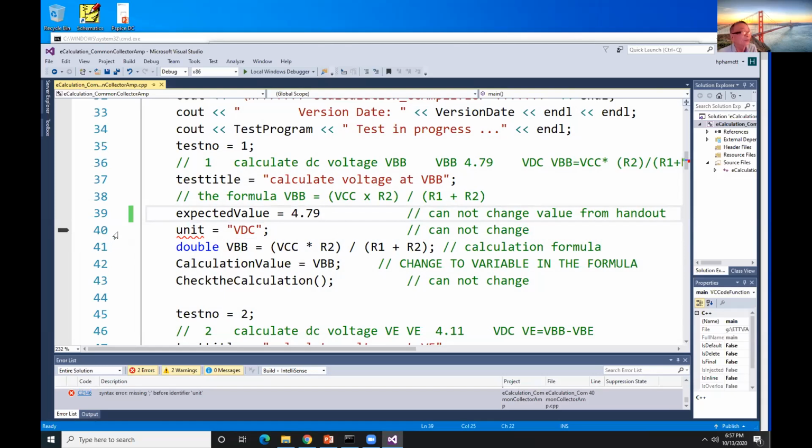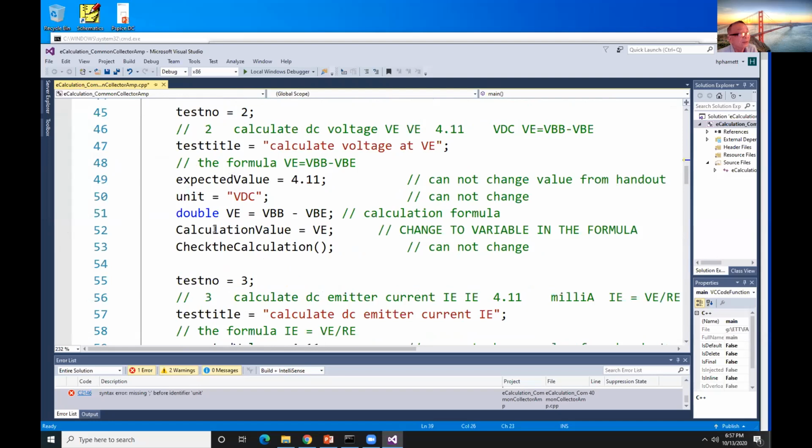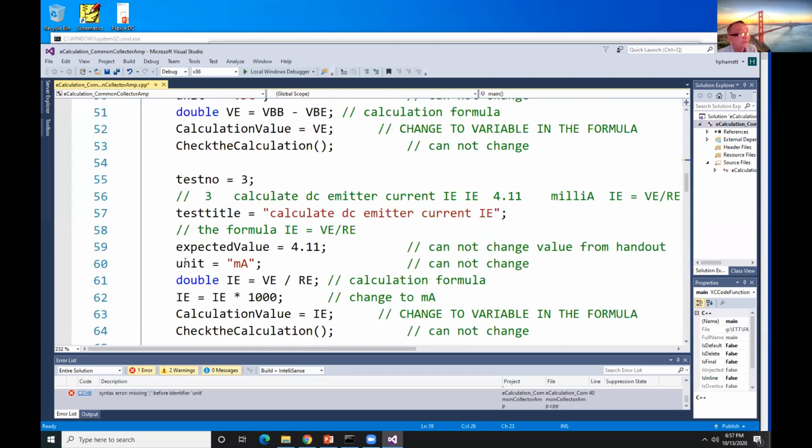They show you on line 40. Okay? So if you put a semicolon here, then you're okay. Okay? And also now I changed something here. I put a comment here. Okay, now I will run.